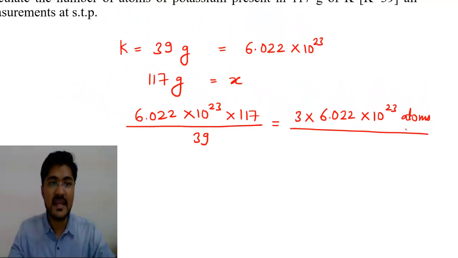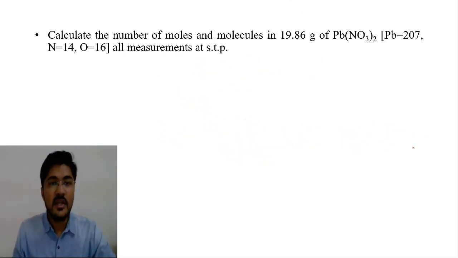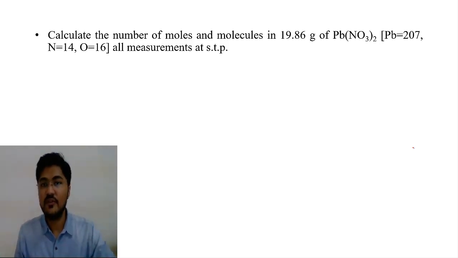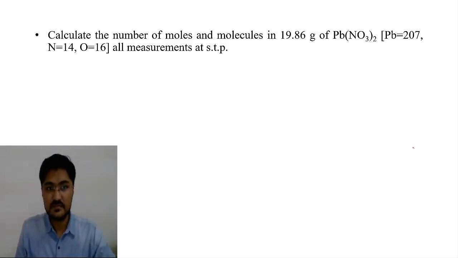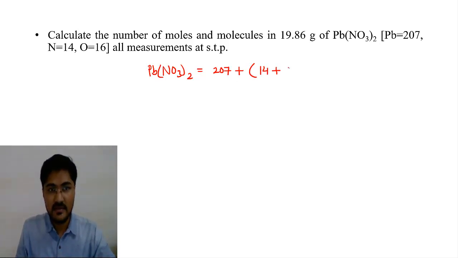Now let's look at the second question. Calculate the number of moles and molecules in 19.86 grams of Pb(NO3)2. First of all, you will have to find the molecular weight of Pb(NO3)2. That will be 207 plus, in bracket, N is 14 plus 3 × 16, all into 2.